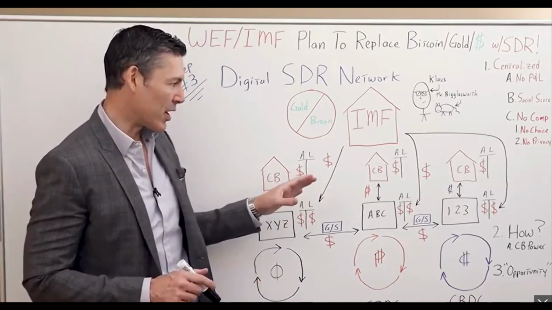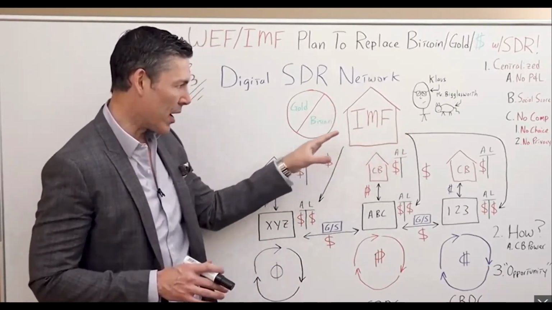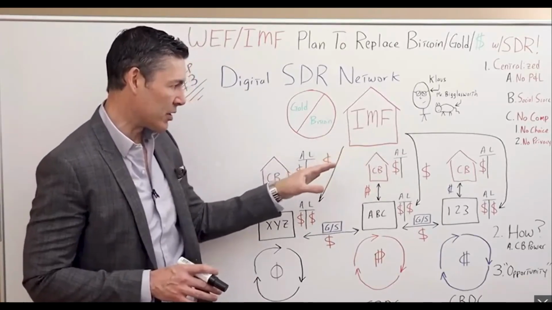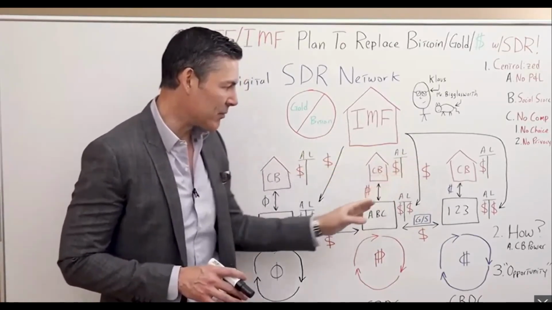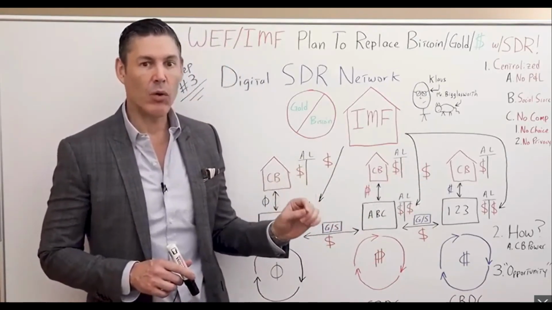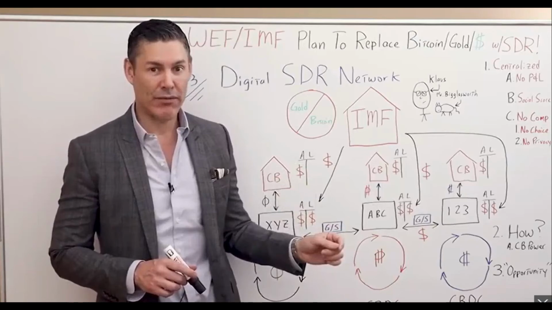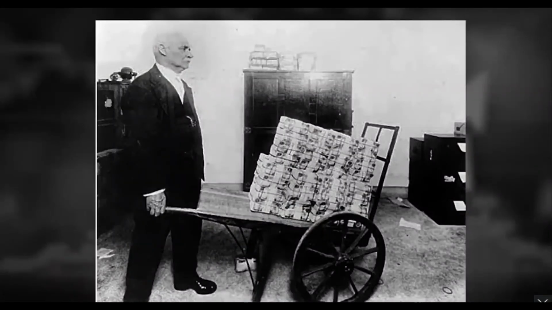It starts by trying to figure out how a central planner, group, IMF, World Organization, fill in the blank, would make the central banks themselves powerless.